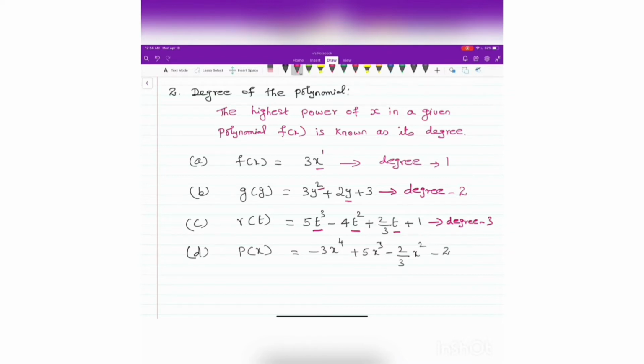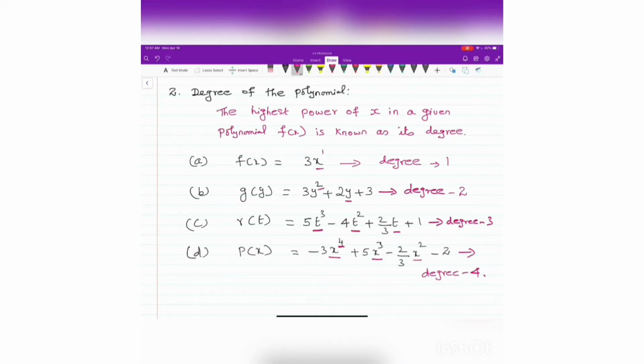Same case here. The fourth one, if you see the highest power of x is 4, because here the power is 3 and in this place the power of x is 2. Therefore, the degree is 4. So, this is how you will find out. Though I have written it in the ascending order, in whichever way they give, your job is to find out the highest power of the variable given in that polynomial, which will give you the degree of that polynomial.